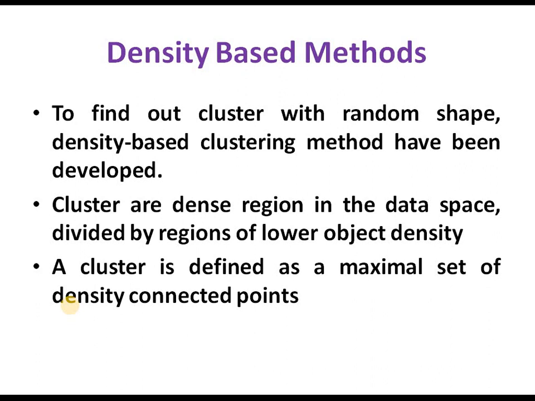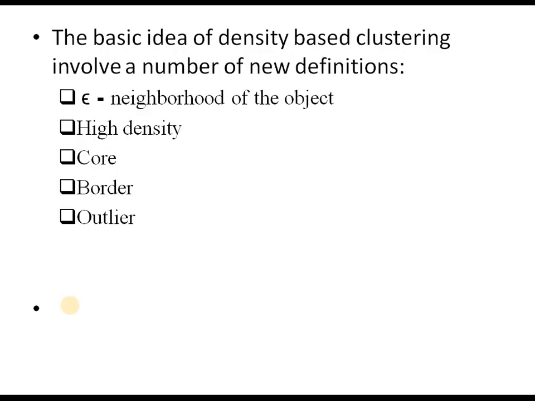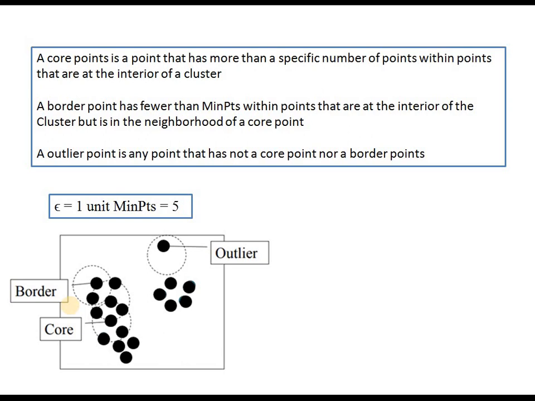This typically regards clusters as dense regions of objects in the data space that are separated by regions of low density. The basic idea of density based clustering involves a number of new definitions like epsilon, high density, core, border and outlier.